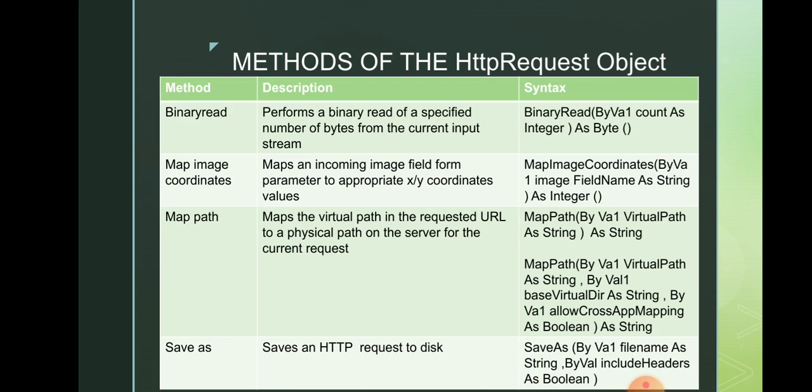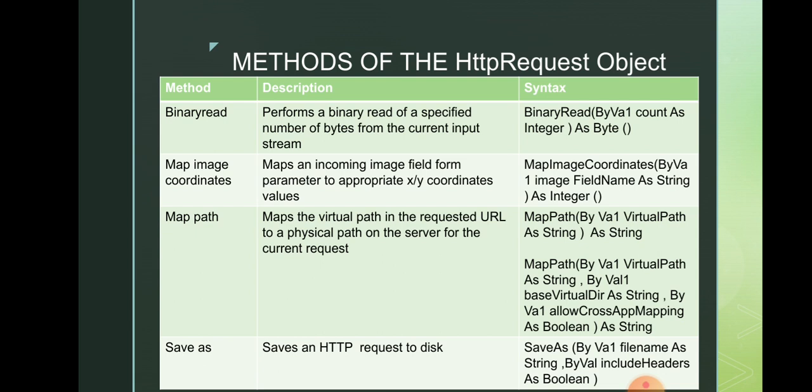Next, here we are going to discuss the methods of the HTTP request object. What are they? The first is binary read. What is the functionality of the binary read method? It performs a binary read of a specified number of bytes from the current input stream. That means we can read a specified number of bytes from the specified file.